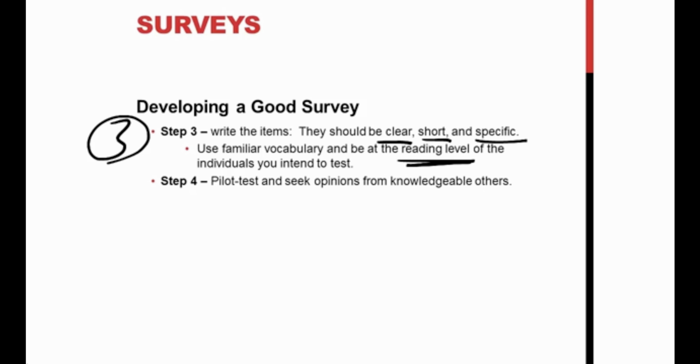So if we're testing college students here, we want to make sure that this is at an appropriate level that college students can read. But if we were asking second graders their opinion on whether cats or dogs are better, well, then we should make sure that this is, of course, at a second grade reading level. And you can do that simply by, after running Word, going through some of the options on your spell check and it'll tell you your reading level.